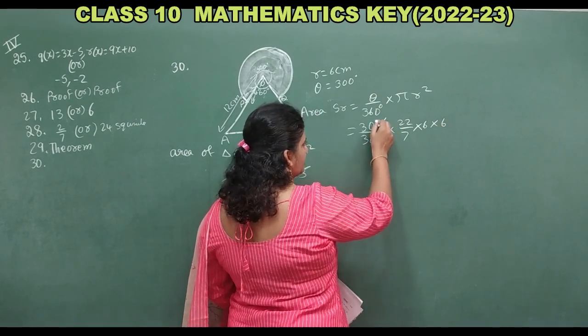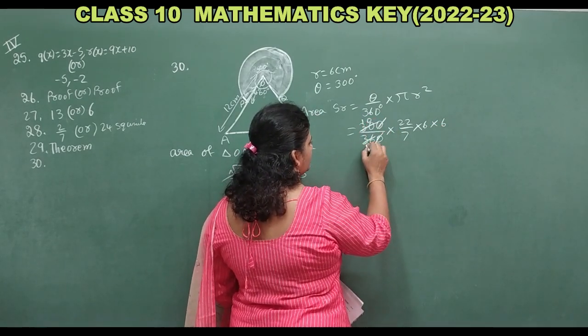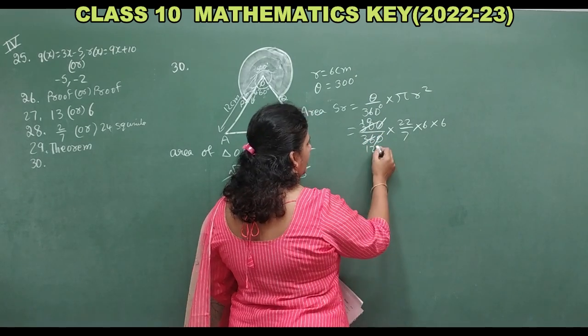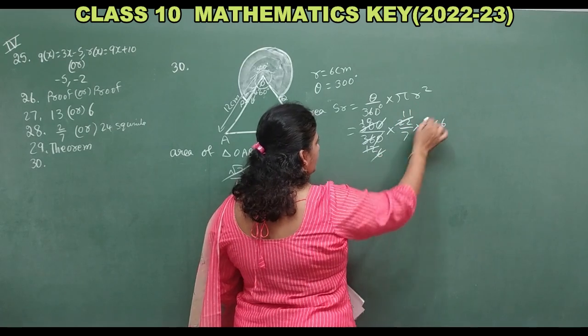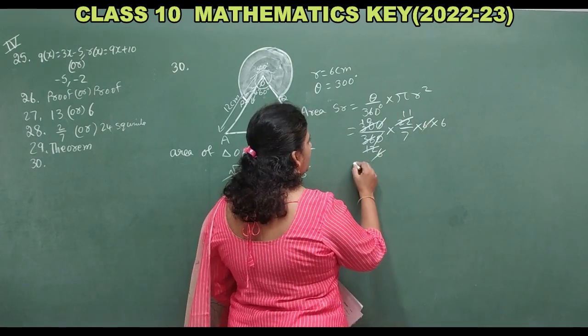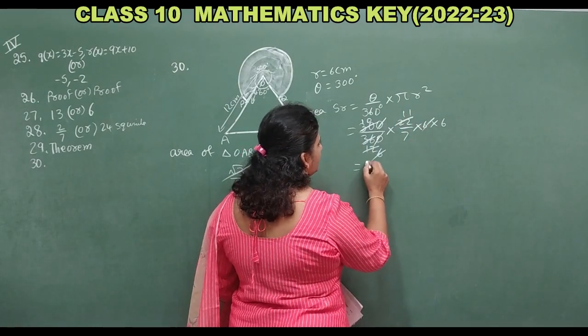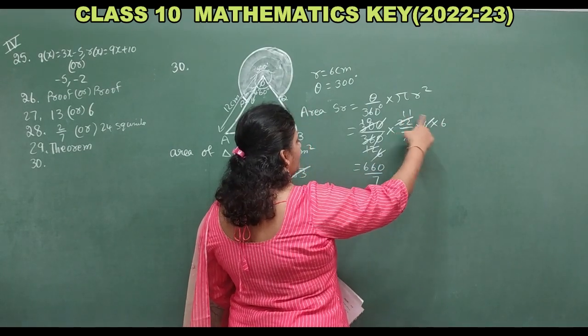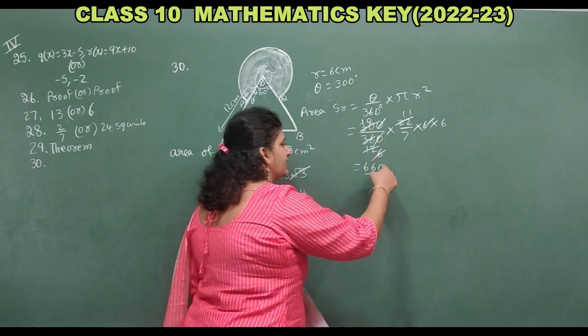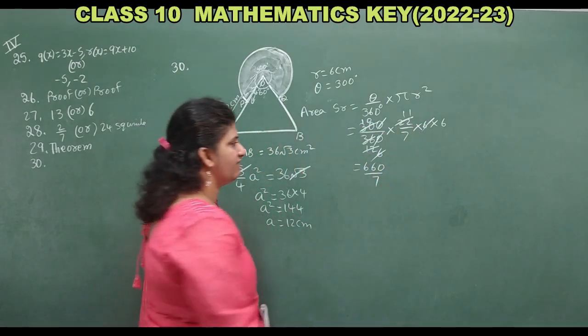0, 0 cancel. 3 tens are 30, 3 12s are 36. Then again 2 6s are 12, 2 11s are 22. 1 6, another 6 cancel. And now we are left with 660 by 7. 11 6s are 66, 66 10s are 660 by 7.